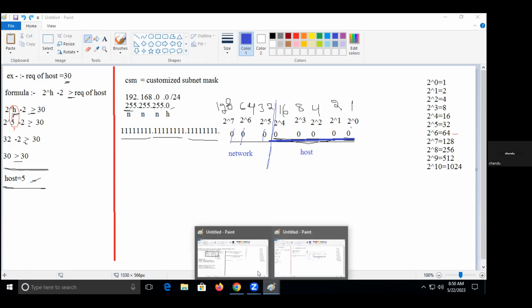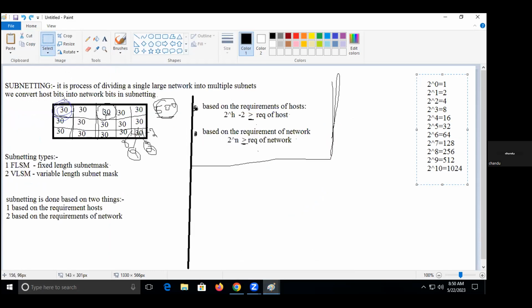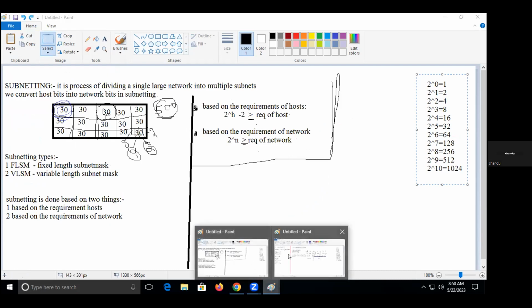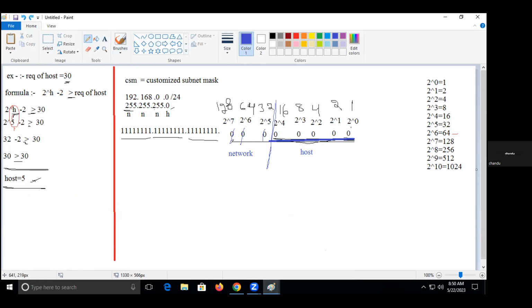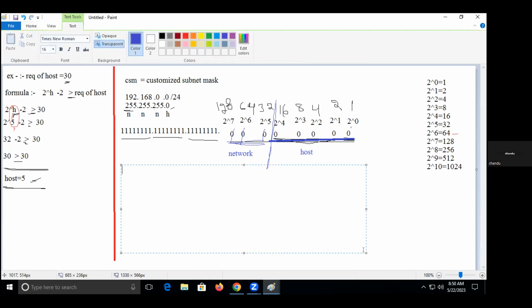In subnetting we convert host bits into network bits. So the 3 host bits are converted into network bits. If you want to see the subnet mask now, you get 192.168.0.0 slash the default 24 plus the 3 new network bits, so 24 plus 3 is 27.